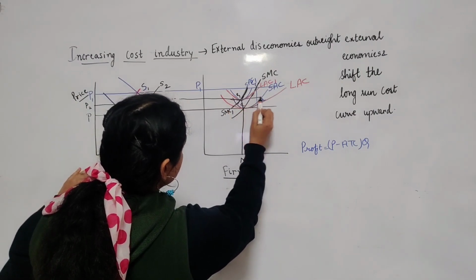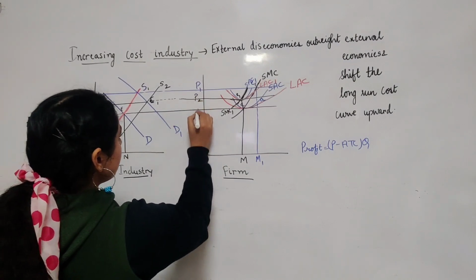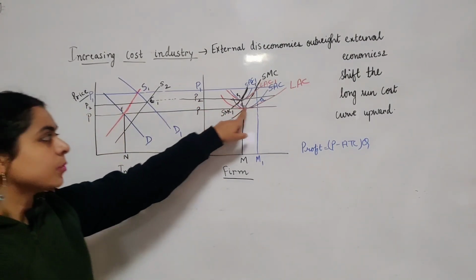As we can see, at this price P2, the firm is just earning normal profit.